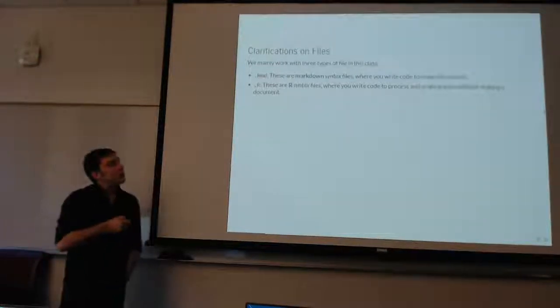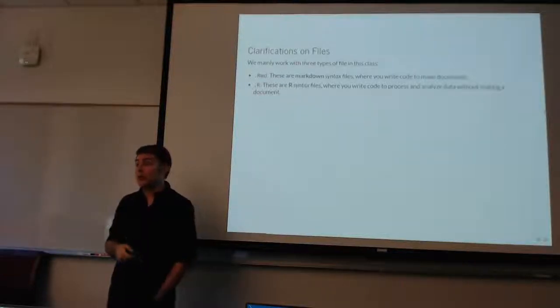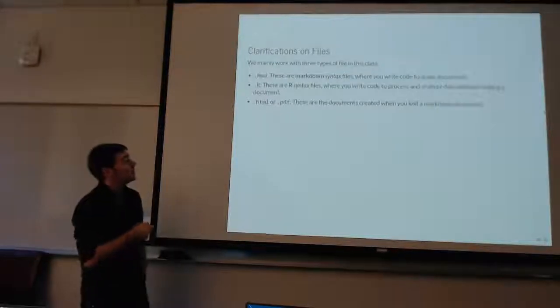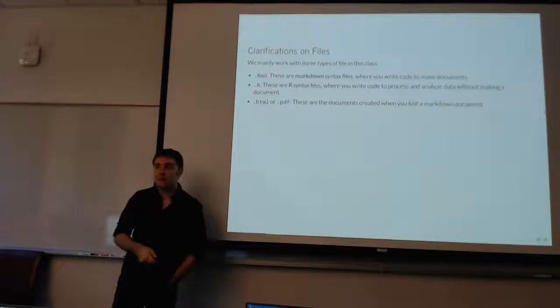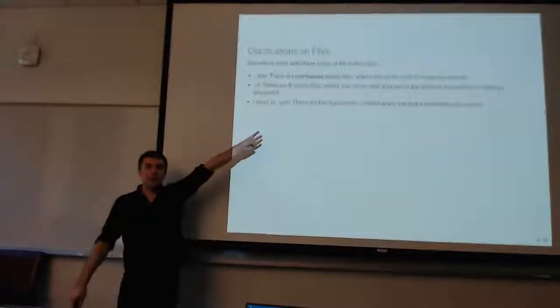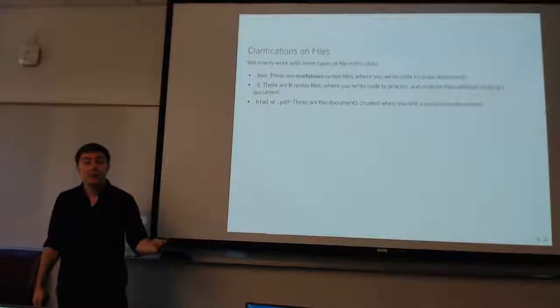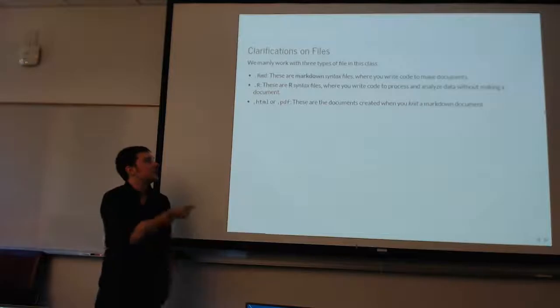This is where you write code to process and analyze data without making some sort of output document like an HTML file or a PDF. Lastly, you have .html or .pdf files, which are the documents you create when you knit those Rmd files. These are the three main files we deal with in this class, and generally when you program in R, those are the three main types of files you're going to deal with. In addition, you'll also work with .RData files, but this is pretty much about it.